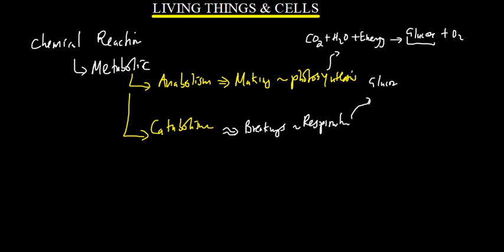You start with glucose reacted with oxygen to produce carbon dioxide, water, and energy. Take note of this because they can ask you to write the equation for respiration or for photosynthesis. Another reaction that is catabolic, which involves the breaking down of compounds, is digestion. When you eat your big food, the food has to be broken down into smaller ones, which you can use in the body. That is catabolism because you are breaking down.